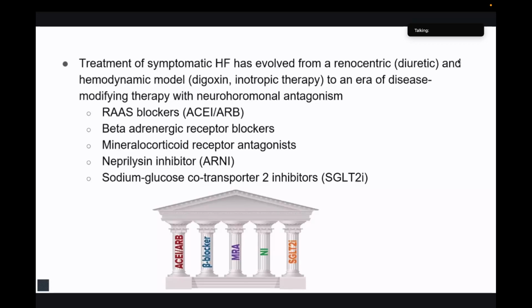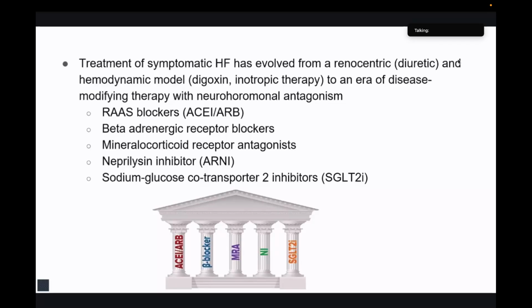These are your RAS blockers, the ACE inhibitors and ARBs, the beta blockers, the mineralocorticoid receptor antagonists, and the newer drugs are your neprilysin inhibitors, the ARNIs, and the sodium glucose cotransporter 2 inhibitors.